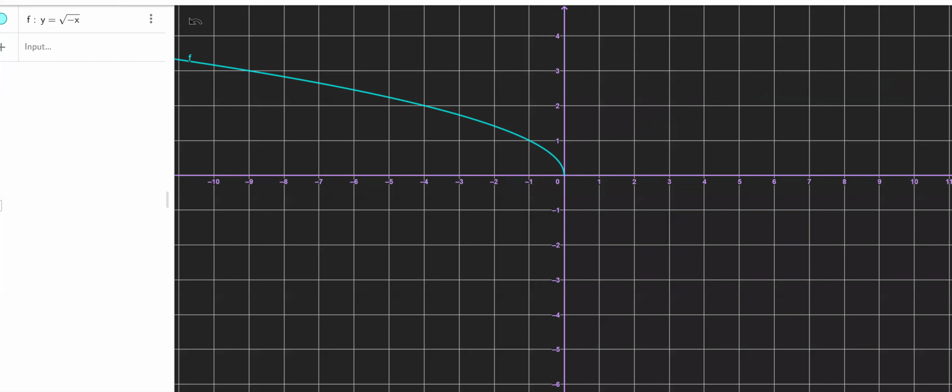So look, all these transformations happen for the parent function. If you don't memorize the graph of the parent function and its equation, you will not understand what type of transformation happened. You will not understand that this is a reflection, or whether it is on the x-axis or y-axis, or whether it is transformed left, right, up or down.